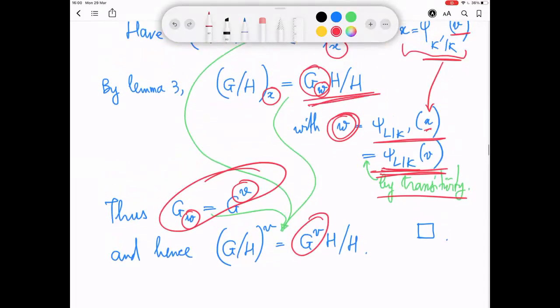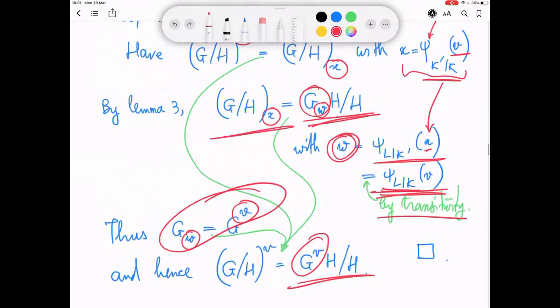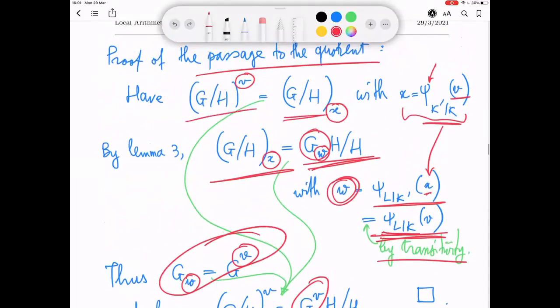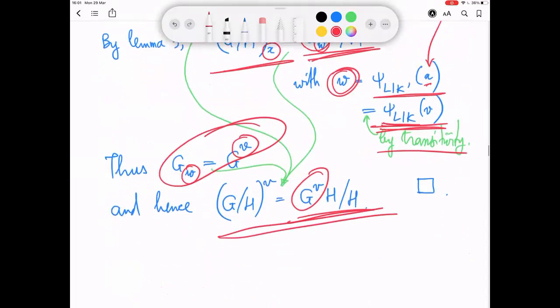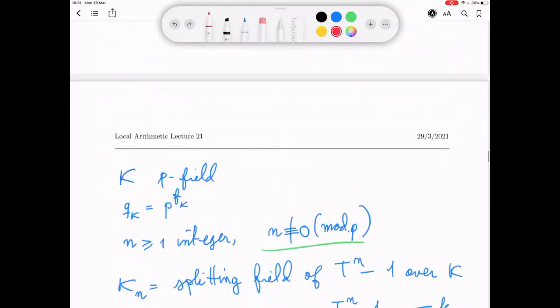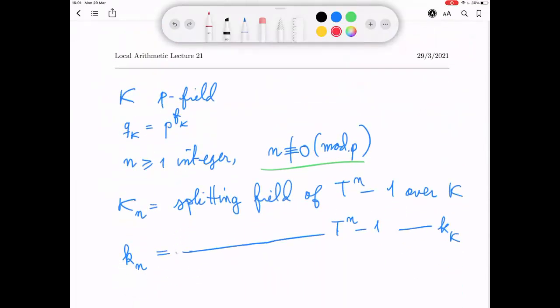So the right hand side of this is here, and the left hand side of this was the right hand side here, and the left hand side here. So you put everything together and you get what you want. So that was the main theorem.